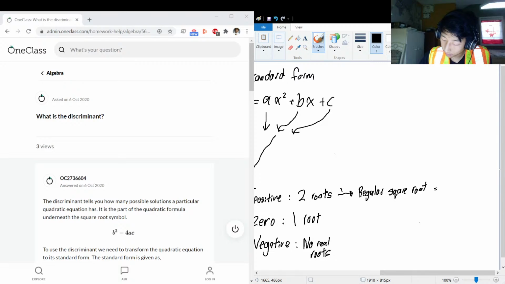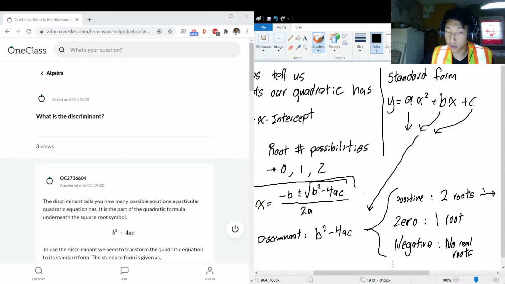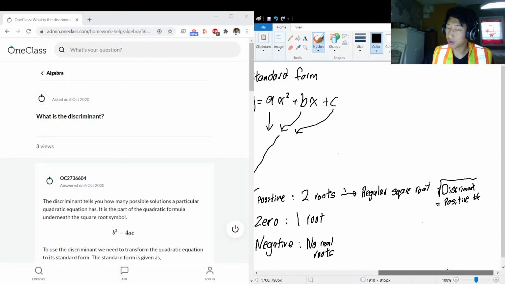Let's say the root of the discriminant is equal to a positive number. Now if our discriminant calculation, b squared minus 4ac, is 0, we got 0 under the root, which equals 0.